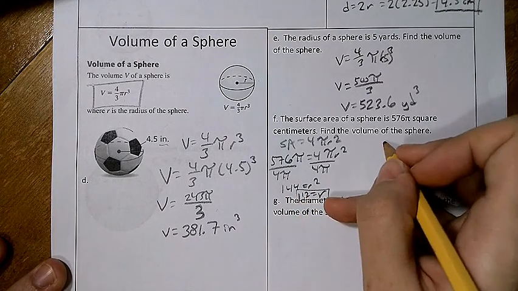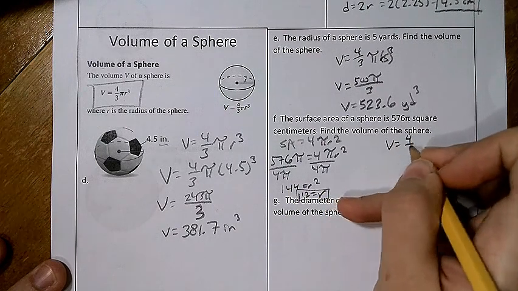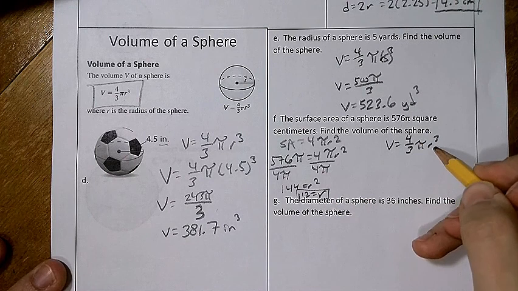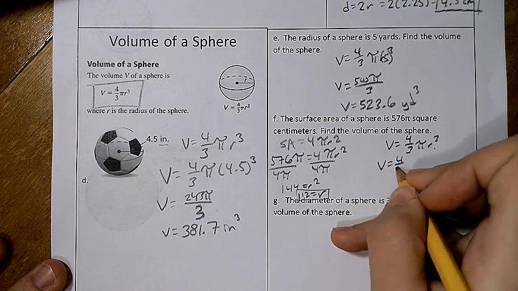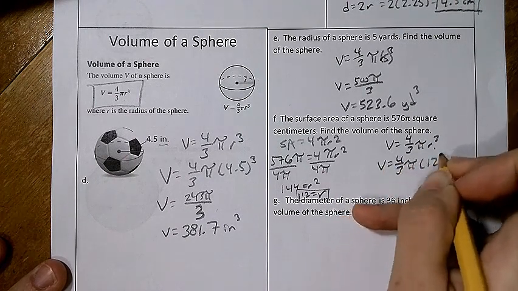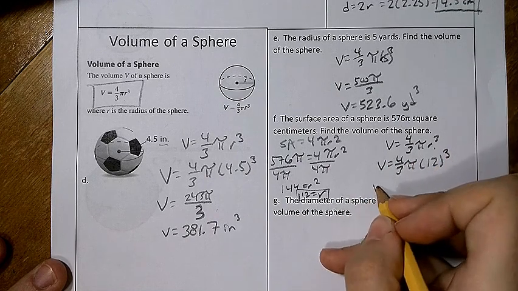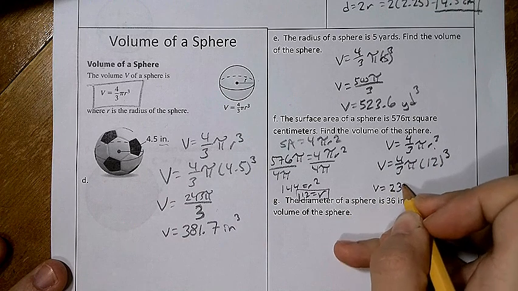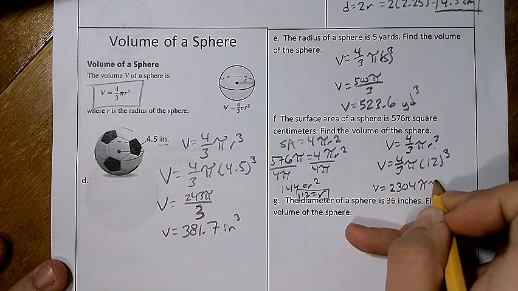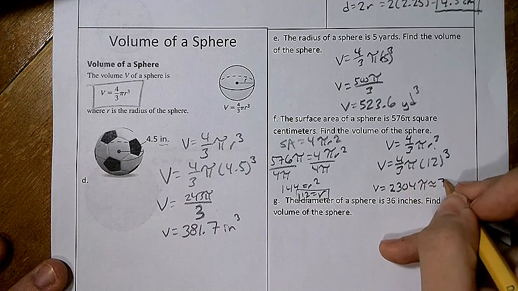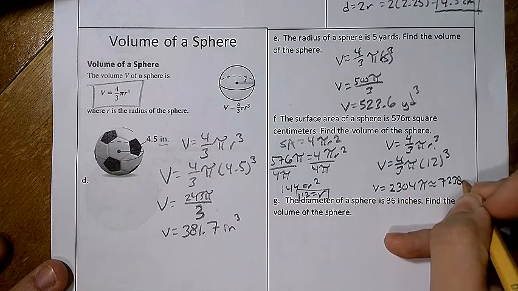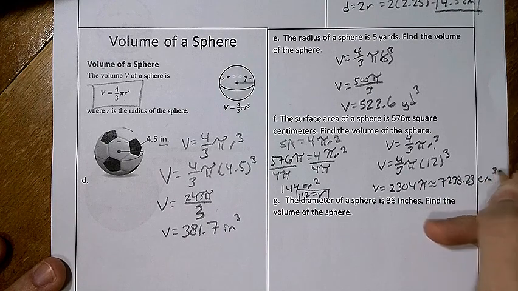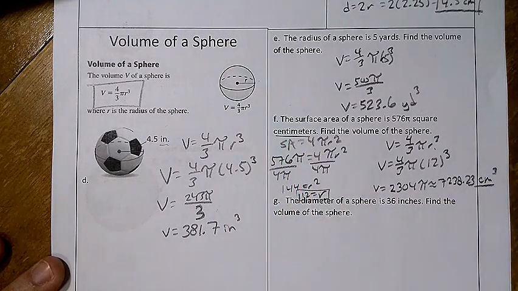If r equals 12, then for the volume, I'm going to plug in 12 for my radius. So V equals 4/3 pi times 12 cubed. You should get 2,304 pi, which is approximately equal to 7,238.23 centimeters cubed in this case, because it told us centimeters up there.